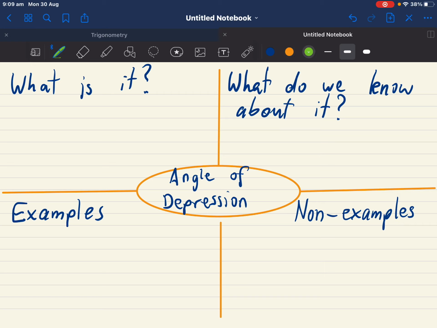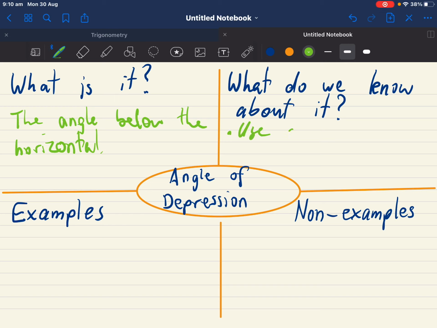So what is it? I'm just going to write, it is the angle below the horizontal. What do we know about it? If you remember our questions from angle of depression, we often use alternate angles, that year 7 skill, the Z shape, to find the included angle.